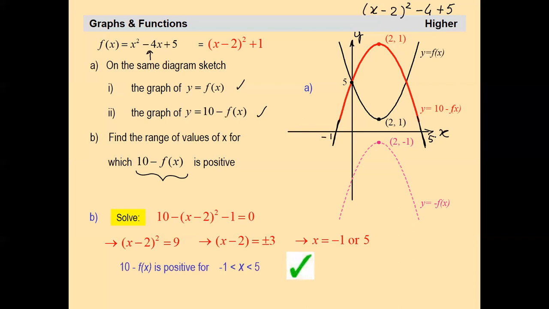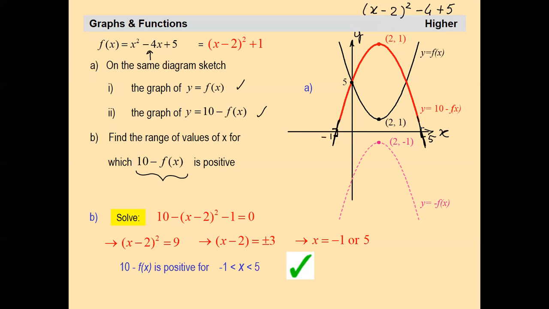And we've solved that. And 10 minus f of x is always positive when I'm between negative 1 and 5. So that's where the function is always positive. So the y value is always positive between those 2 points here. And that's how you would just say the answer.